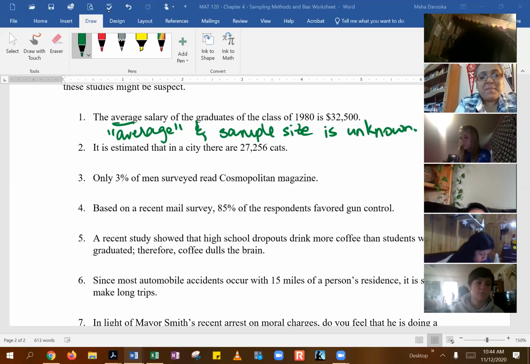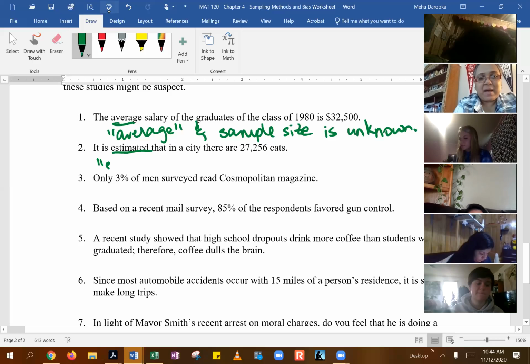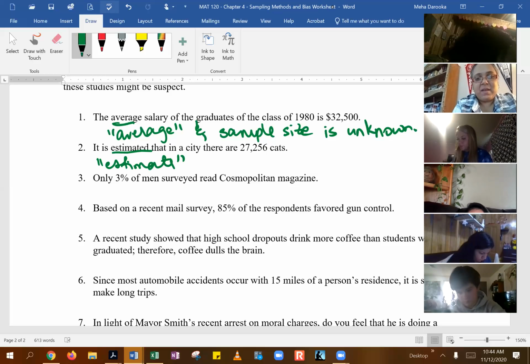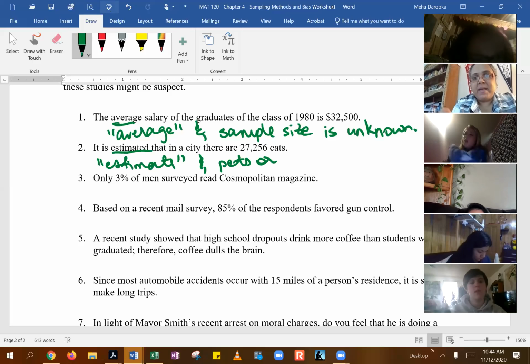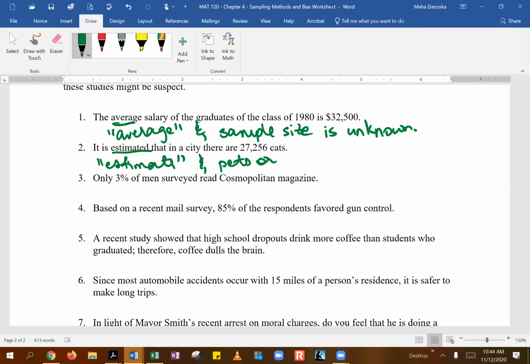So they are talking about an estimate. So again, we don't know what exactly they mean by that. What kind of estimate are they looking at? Pets, or are they wild? Are they pets?